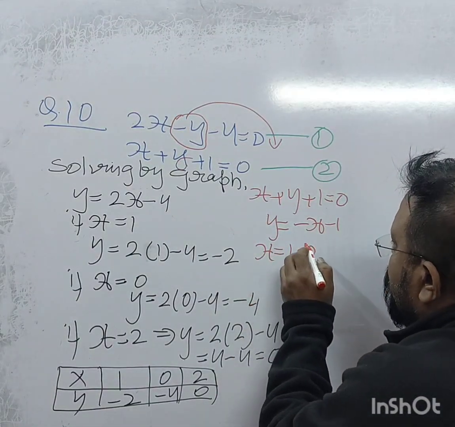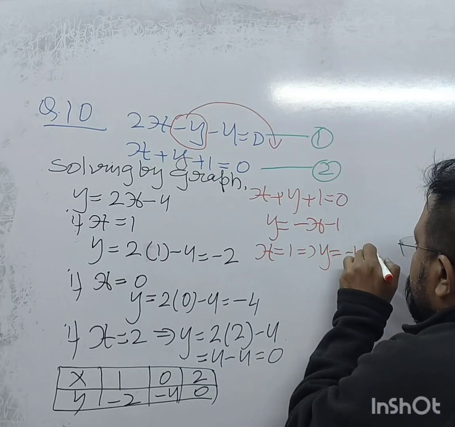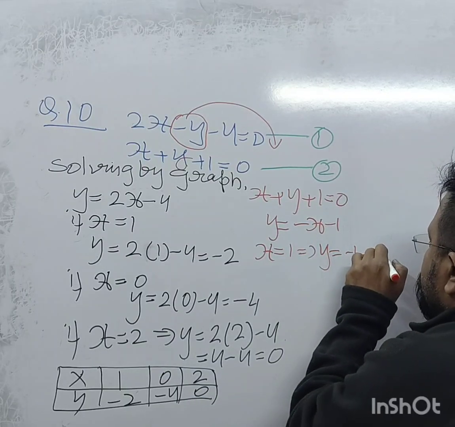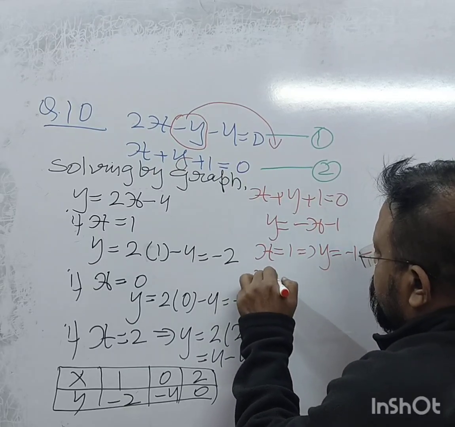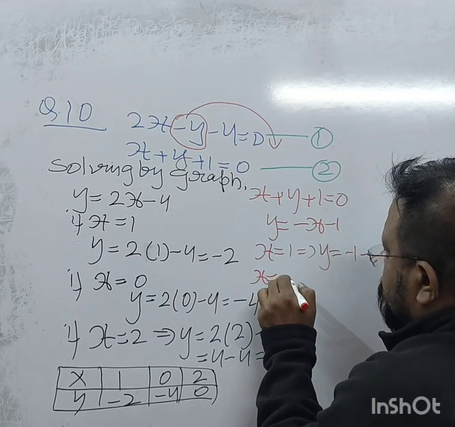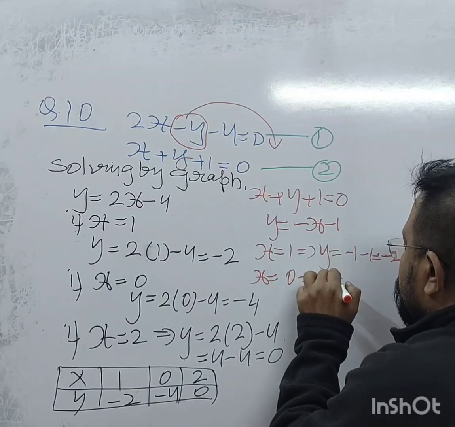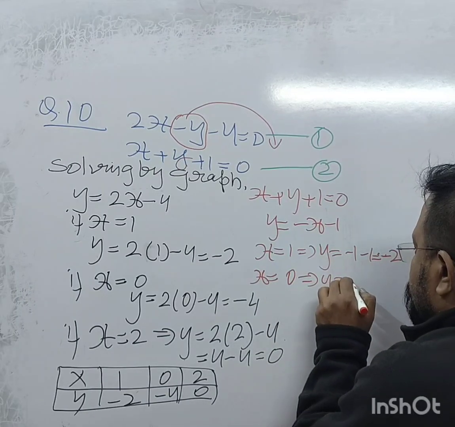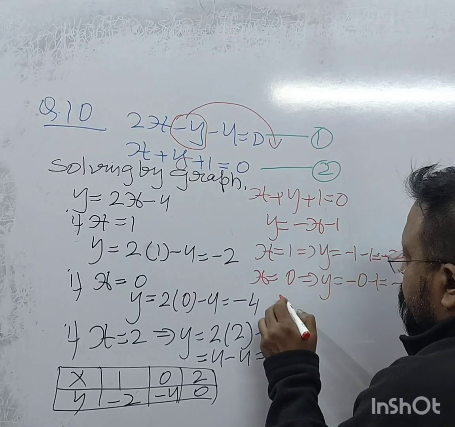So if x is equal to 1, then y is equal to minus 1 minus 1, which becomes minus 2. If x is equal to 0, then y is equal to minus 0 minus 1, which becomes minus 1.